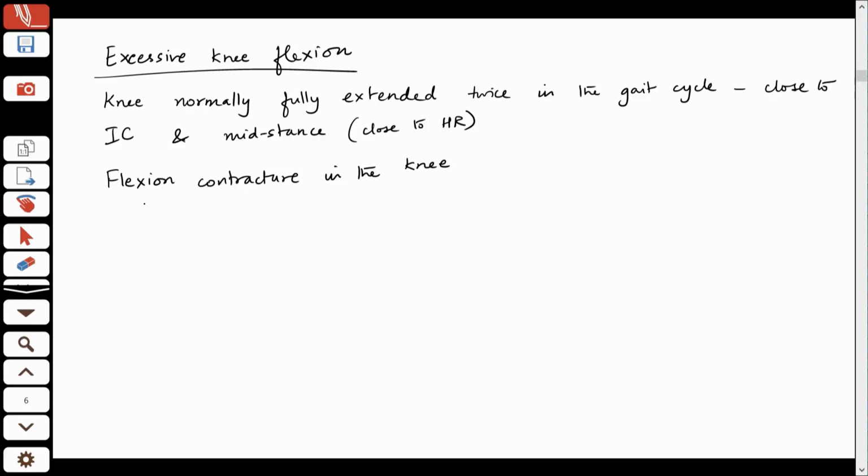So, you could have a flexion contracture, or you could have spasticity in certain muscles, which would prevent full extension. Spasticity is tightness. Spasticity in the hamstrings would prevent full extension.